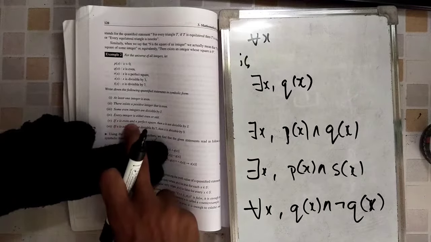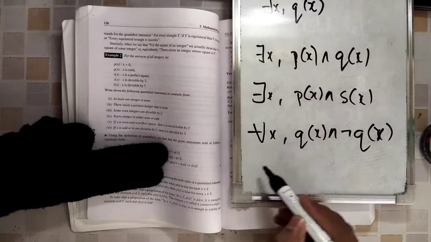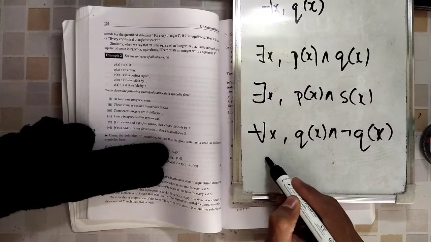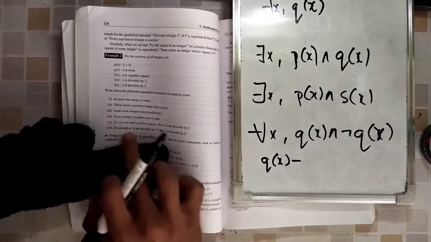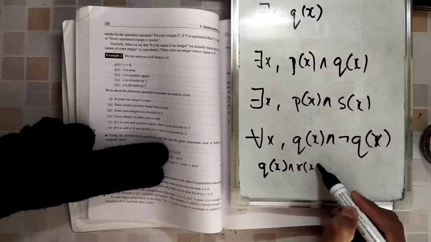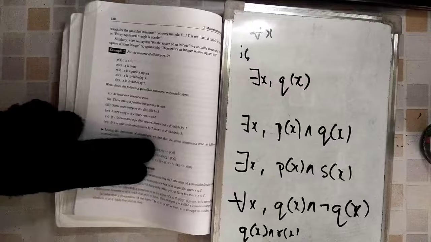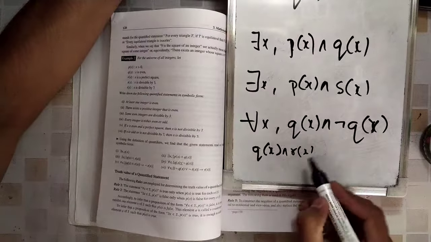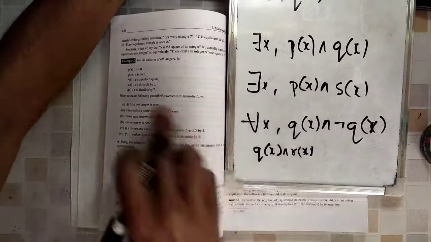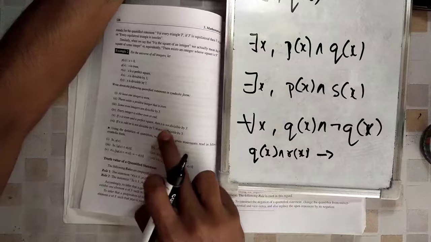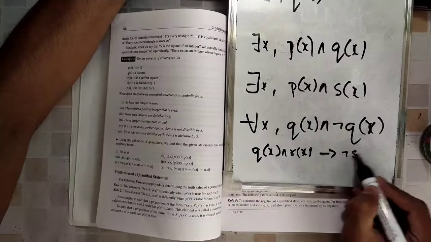Then the next one: if x is even and a perfect square, then x is not divisible by 3. So if x is even, q of x, and a perfect square number, r of x, then this whole thing implies that x is not divisible by 3, so negation of s of x.